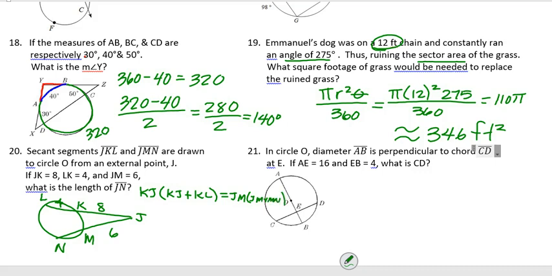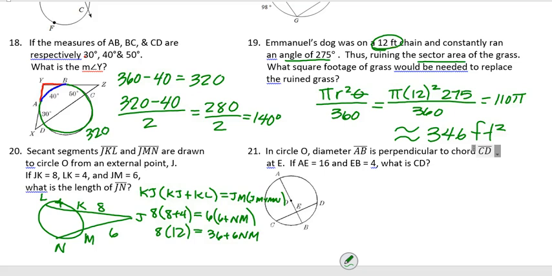Okay, so let's just do that. 8 times 8 plus 4 is equal to 6 times 6 plus NM. Right? Okay, so this is going to be 8 times 12. That equals 6 times 6, which is 36, plus 6 NM, or MN, doesn't matter.